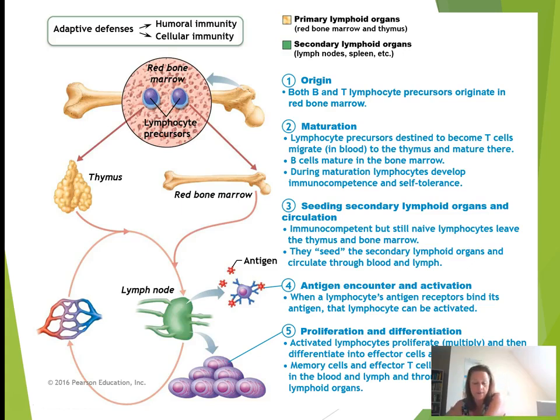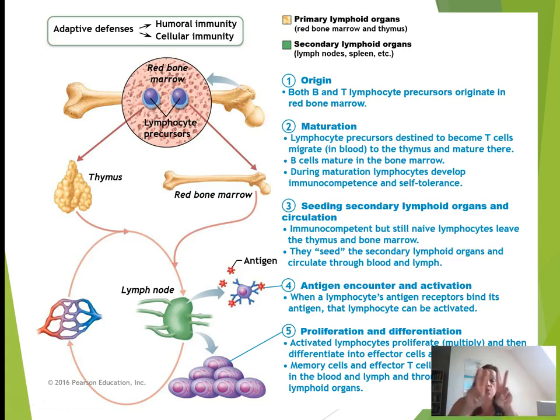All right, so here we are at our B and T cell pathway. We'll notice at the top that we have the lymphocyte precursors being created in the red bone marrow. That's the origin. They're going to start in the red bone marrow, and then we're going to go through a process called maturation.